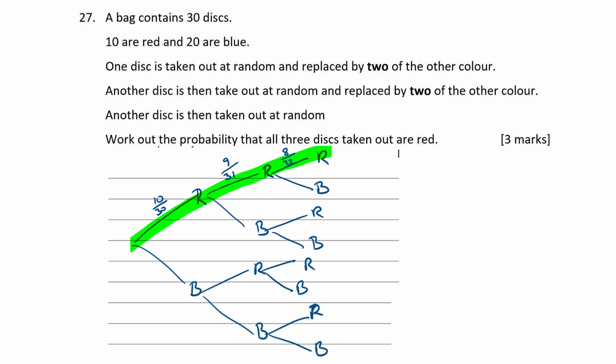So the probability then of picking red, red, red is going to be those 3 numbers multiplied together. So it's going to be 10 out of 30 multiplied by 9 out of 31 times 8 out of 32.